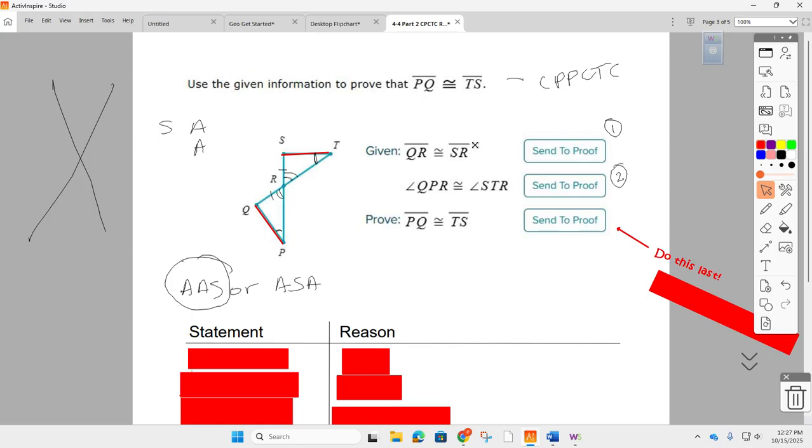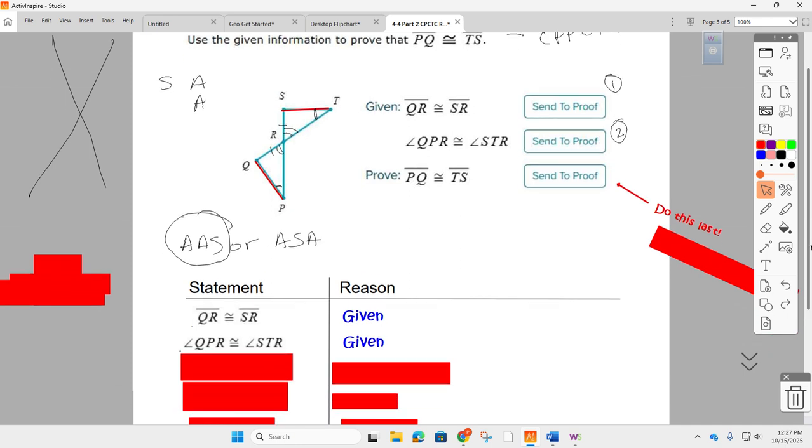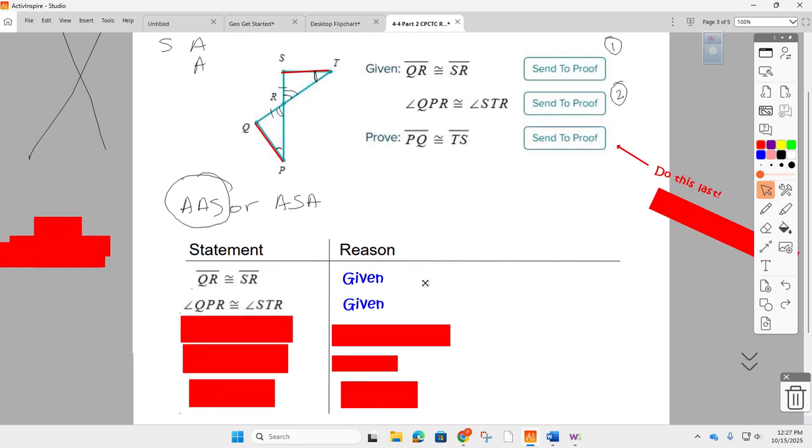So, we're going to mark our given. Now, the other congruent part that we had to figure out was our vertical angle. So we have to say that angle SRT, that's this angle here, is congruent to angle QRT.